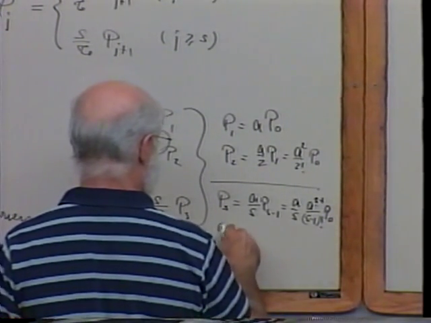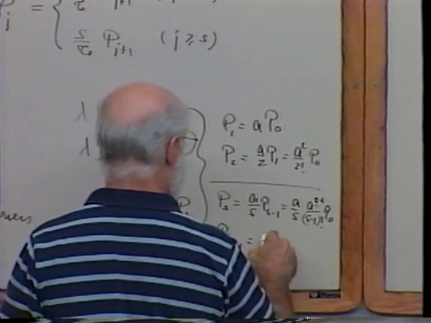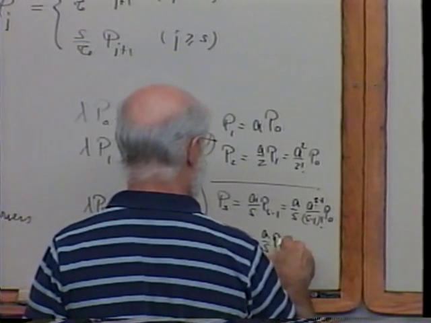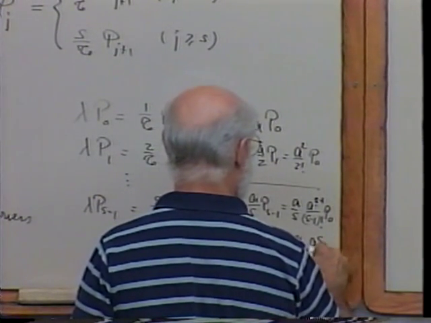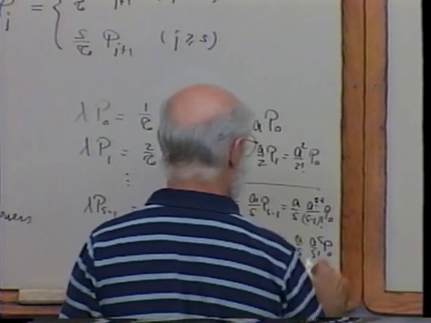And then I'll find that p(s plus 1) is equal to A over s times ps, which is equal to A over s times A to the s over s factorial P0, and so on.